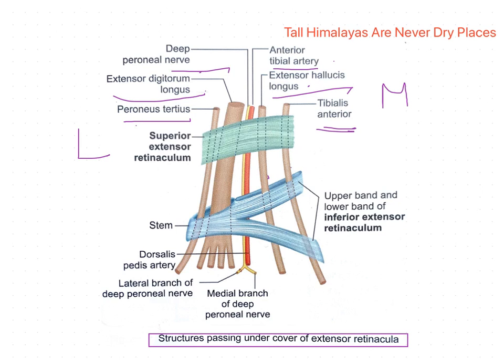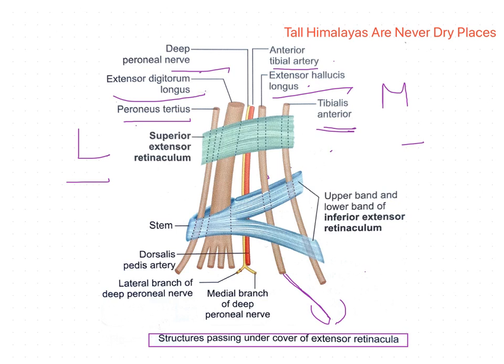So there are 4 tendons, 2 on the medial side and 2 on the lateral side. On the medial side we can find tibialis anterior and extensor hallucis longus. The great toe is nothing but hallux, and this tendon supplies the great toe.